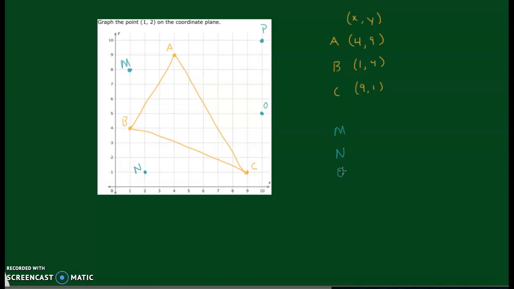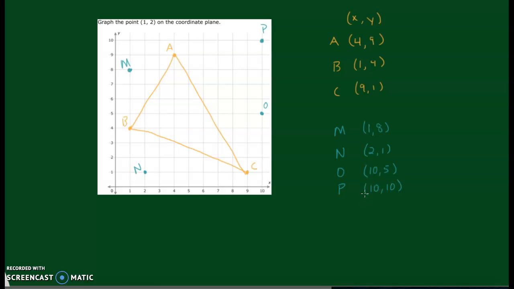M is 1 and 8, so the coordinates are 1, 8. N is 2, 1, so over 2, up 1. O is all the way out to 10, and it goes up to 5, so 10, 5. And then P also goes all the way out to 10, and it goes all the way up to 10, so 10, 10.